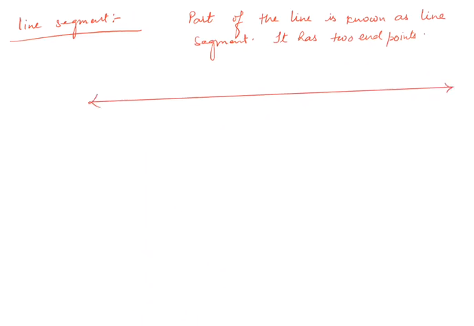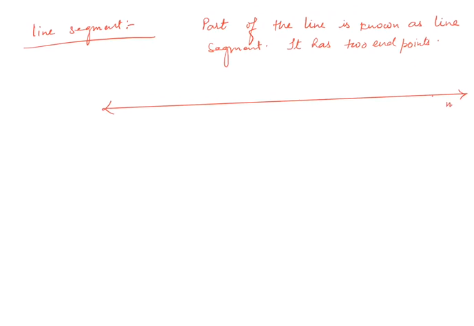This is your line M, and suppose I am taking this much part and taking it out like this. So this is your line segment. AB is your line segment. From a line, if you take a small part, that is a line segment, which has 2 endpoints.